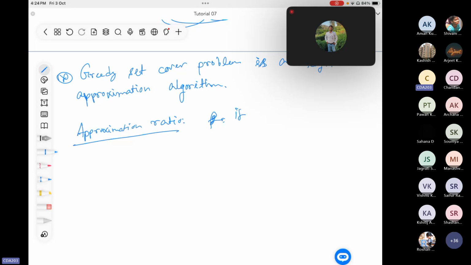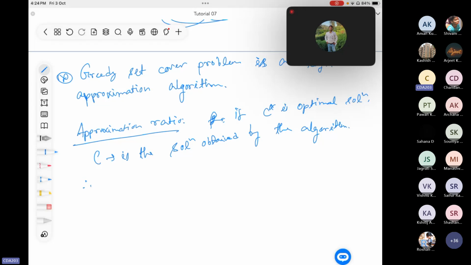If C star is your optimal solution, and C is the solution obtained by the algorithm, then if it is a minimization problem, your C could be less than or equal to some constant factor of this C star.